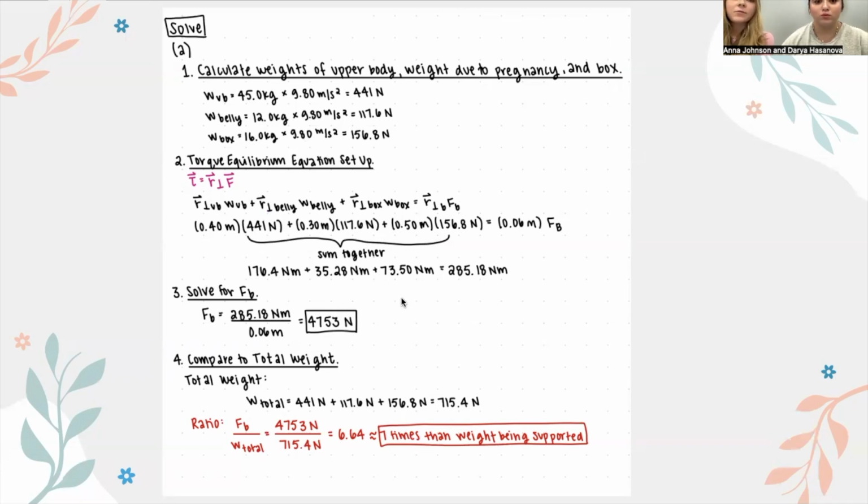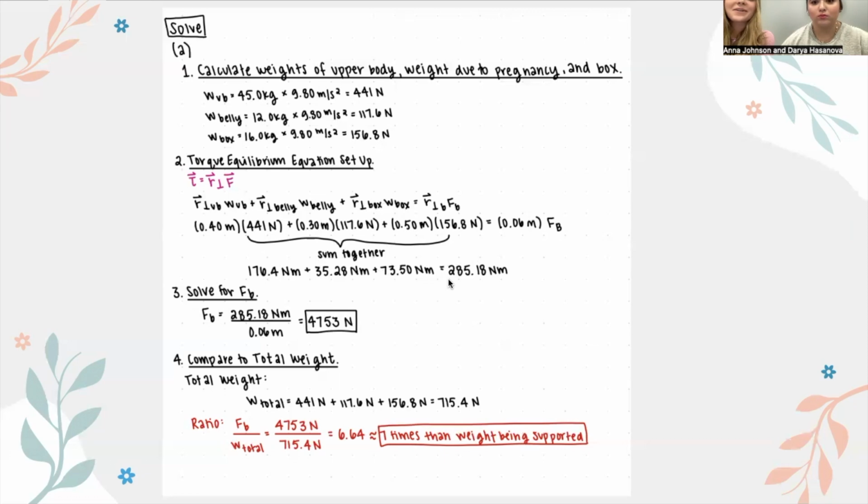Then we used the torque equilibrium equation. The torque equilibrium equation we used was R perpendicular times force. We added up the three forces that are going in the clockwise direction and equated it to the counterclockwise direction, as the force of the back muscles is counteracting this opposite rotation.